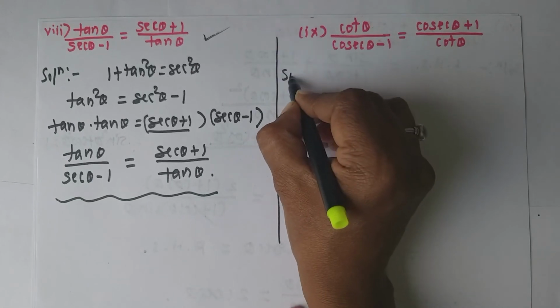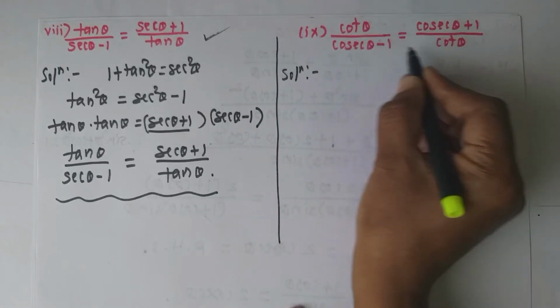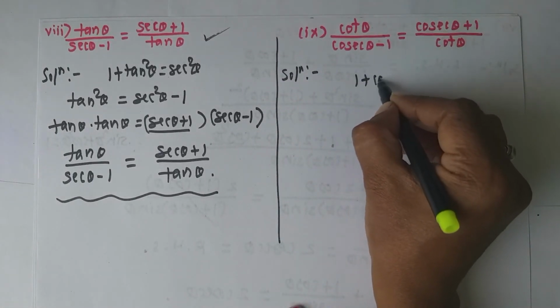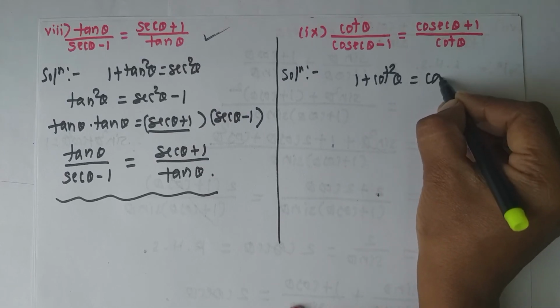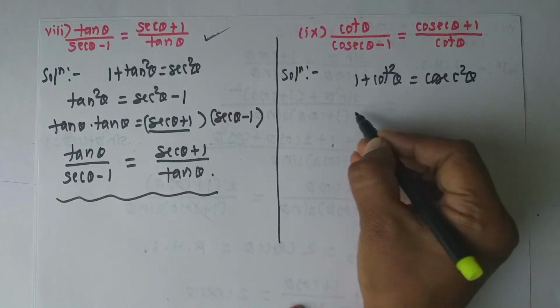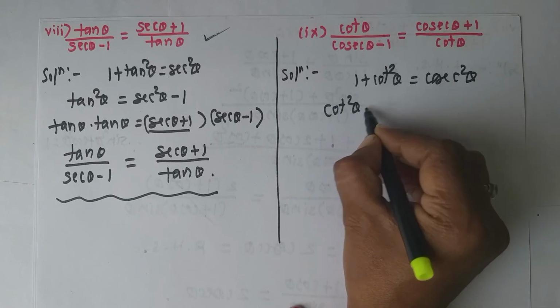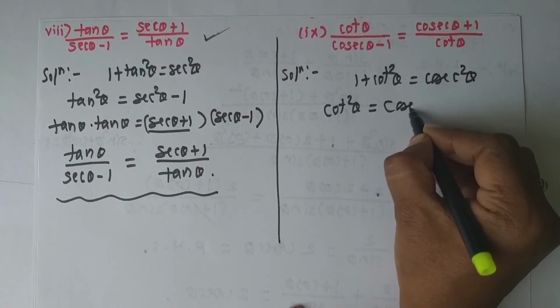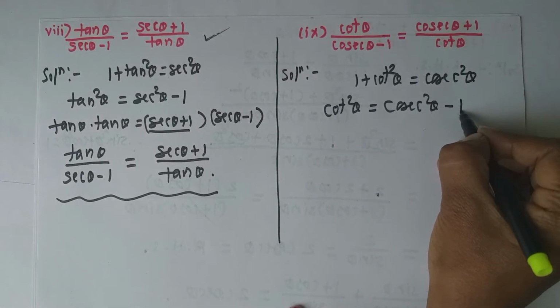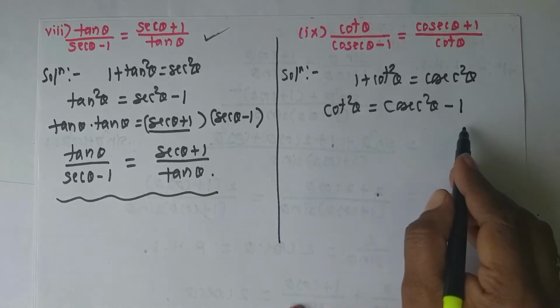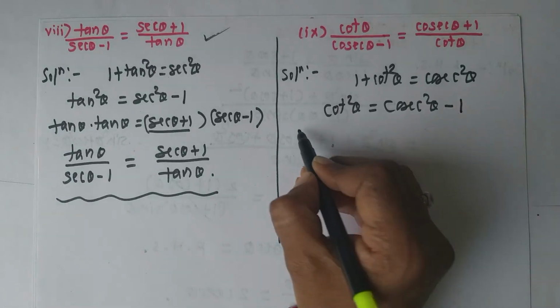Again we know one of the properties containing cot and cosec, that is 1 plus cot square theta is equal to cosec square theta. Again you keep cot square theta on one side and transfer this 1 to the right hand side. This becomes cot square theta is equal to cosec square theta minus 1.